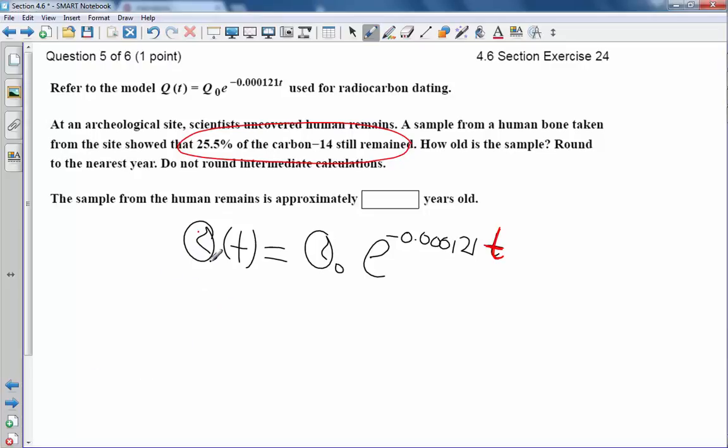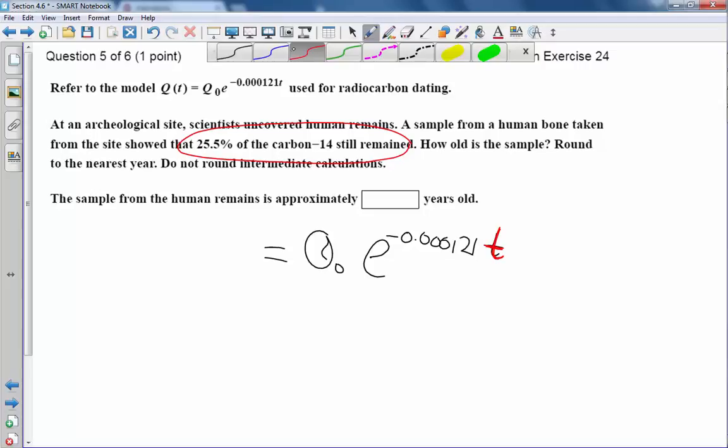So I believe this Q of t can be written in terms of Q of 0. So here is maybe the only trick this question requires. Q of t is not explicitly, numerically, completely given to us. They told us the current amount is some part of the original amount.